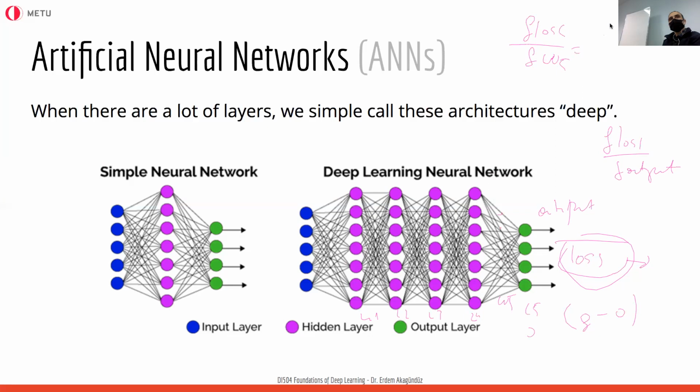So this is actually the partial derivative of the loss with respect to the output times the partial derivative of the output with respect to omega 5. I'm writing too badly, sorry about that. So I know this, I've calculated it here. I need this, I want to find this.